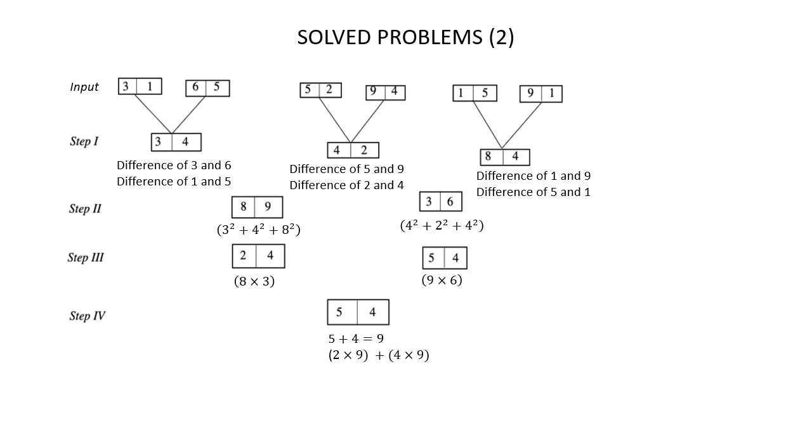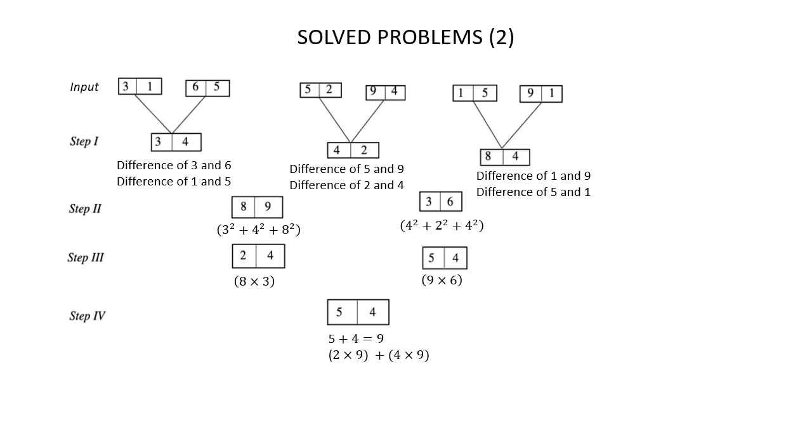As you can see here, each of these numbers is written within a box and each number is split into its respective digits. Now let's move on to step 2. Now when you observe step 1 and step 2, you will see that the sum of the squares of the first digits of each number in step 1 gives the first number in step 2.